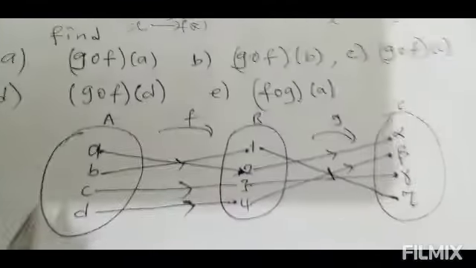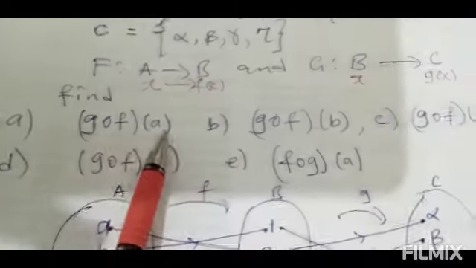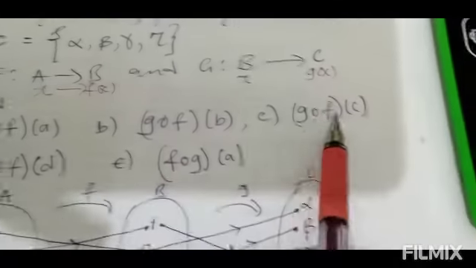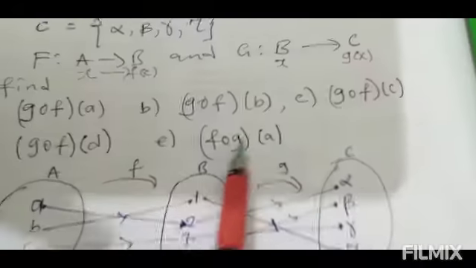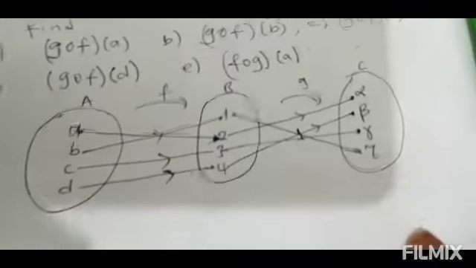So now find g of f of a, then g of f of b, then g of f of c, g of f of d, and f of g of a. This one we won't do, we'll do it in the next example.